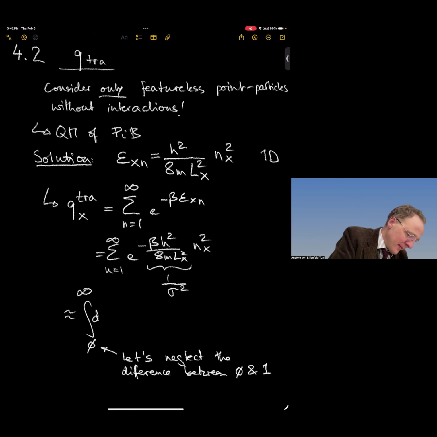And I'm integrating over n, and I integrate n squared over sigma squared. Right?